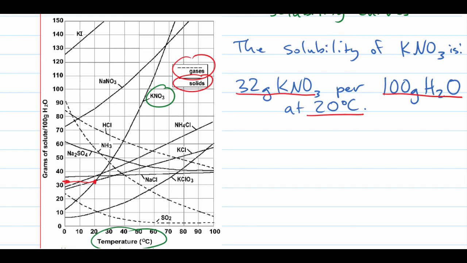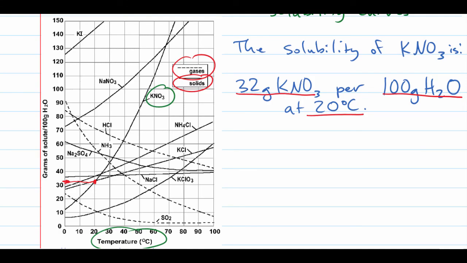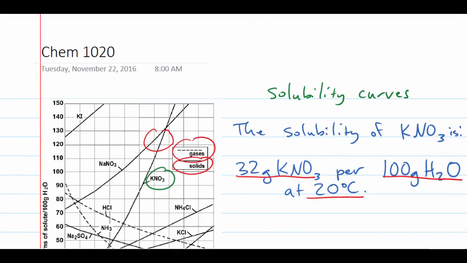And then finally, the last one here, and actually I think it's our second to the last question. The solubility of KNO3 is blank grams, so just enter a number only, per 100 grams of water at 70 degrees Celsius. So here's our KNO3, and I will relabel the temperatures here so you can see them.